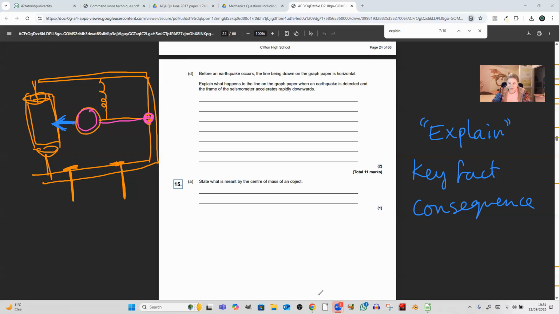Okay, so the pink blob, the big pink ball, that's got significant mass. The orange bit moves down, but the pink bit, because it's not rigidly held to the orange, and because it's not bolted to the floor the way the orange bit is, the pink bit doesn't move.